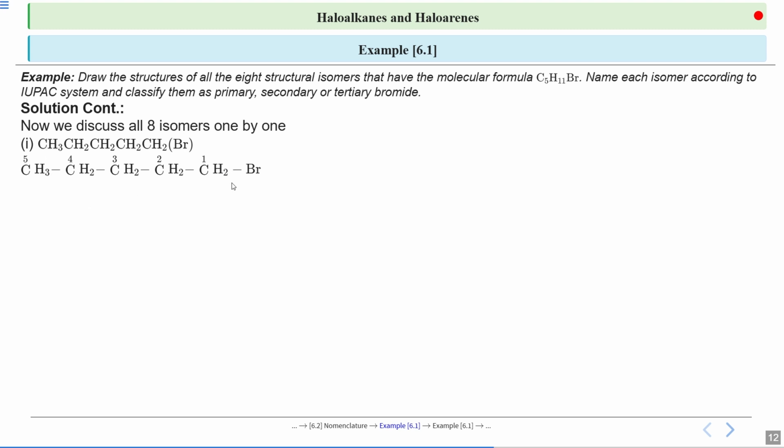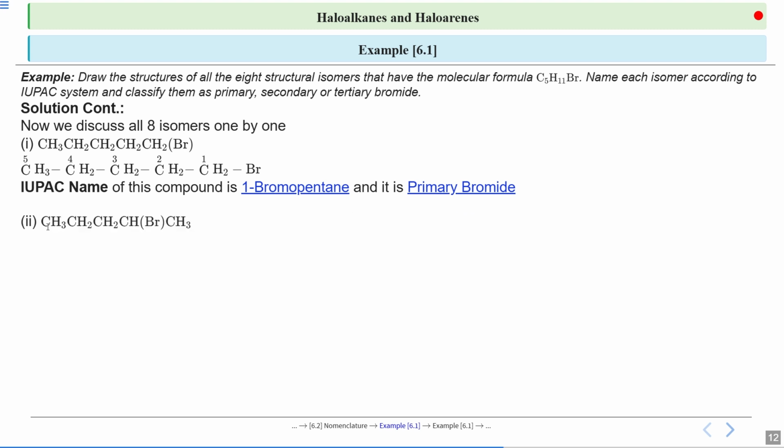When you do the numbering, the carbon at which bromine is present should get the lowest possible number. So let's say it is 1, 2, 3, 4, 5. The IUPAC name of this compound will be 1-bromopentane, because at the first position we have bromine, and then we write the name of our alkane, that is pentane. It is a primary bromide because the bromine is bound to a carbon which is bound to only one other carbon.